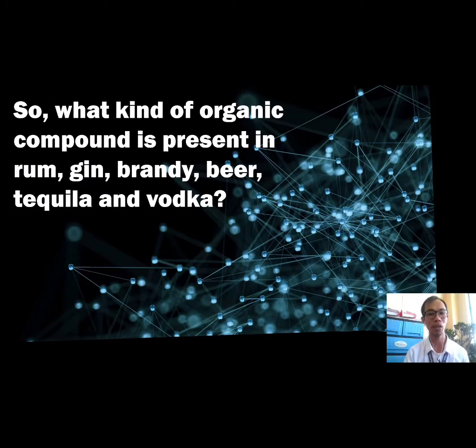Therefore, what kind of organic compound is present in rum, gin, brandy, beer, tequila, and vodka? The answer is ethyl alcohol, or ethanol. So, most of the alcoholic drinks contain ethyl alcohol or ethanol.